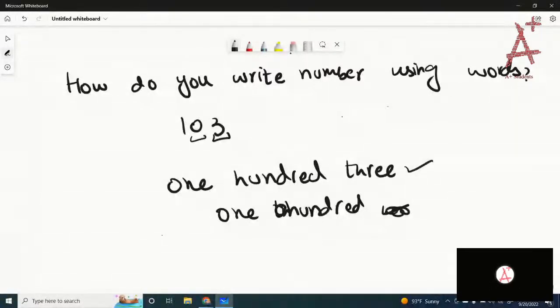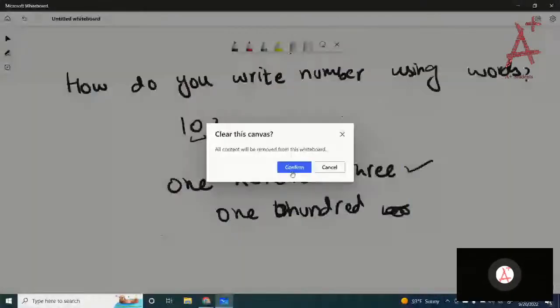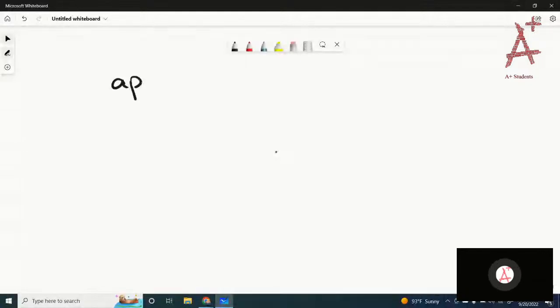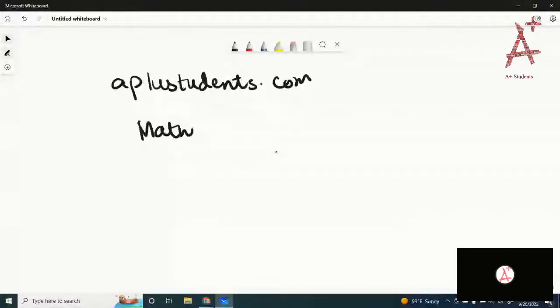Got it? So we have almost done the test. You are just left with a few of the questions. You have to complete the test, and you can take the test on the A Plus website. Just go to aplusstudents.com. Then log in using your email address and password provided by the administration. Then select math, scroll down to grade 4 math.